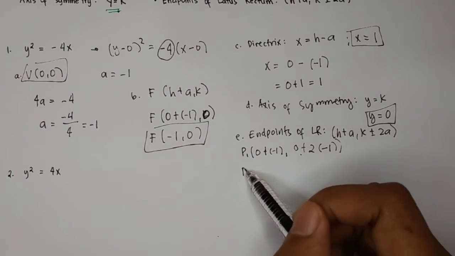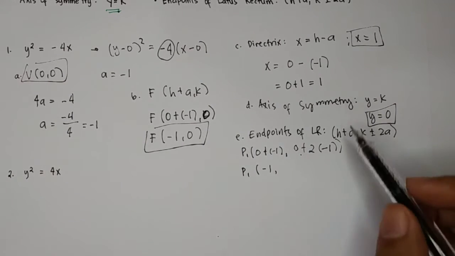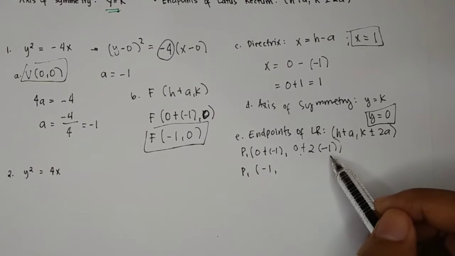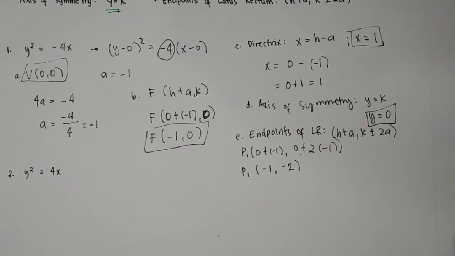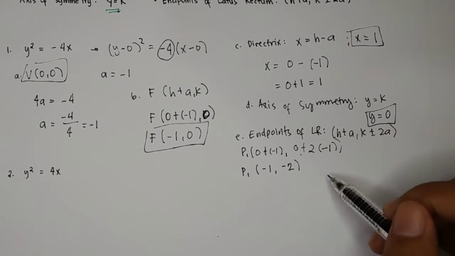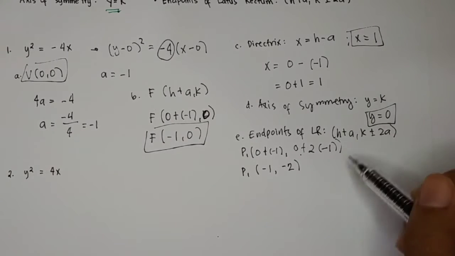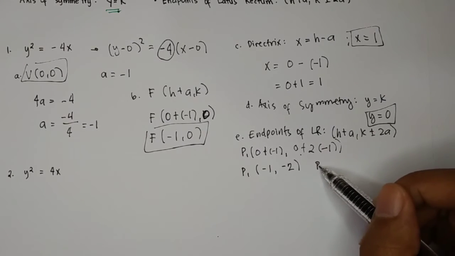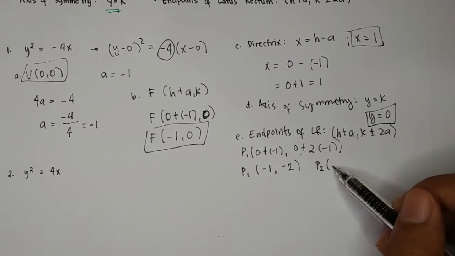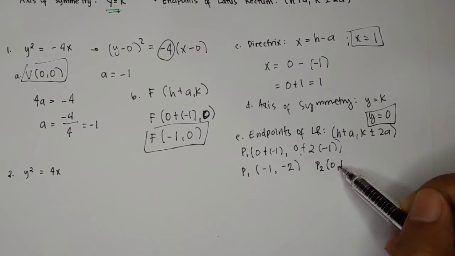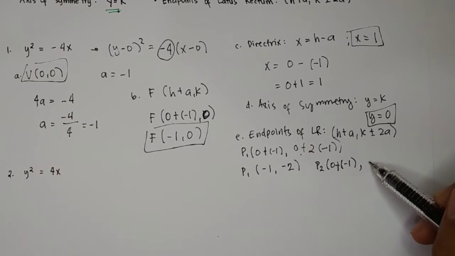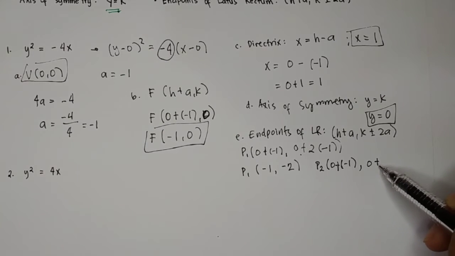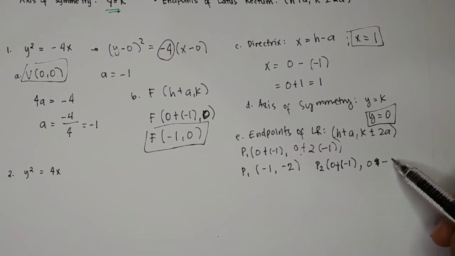Okay, so P1 natin is negative 1, then 2 times negative 1, that is negative 2. So we have here our P1 is (negative 1, negative 2). Then, yung P2 naman natin is, we have here 0 plus negative 1, comma, 0 minus 2 times negative 1.